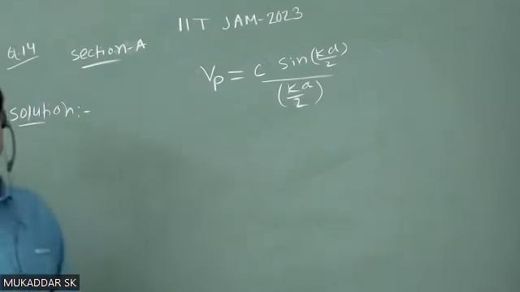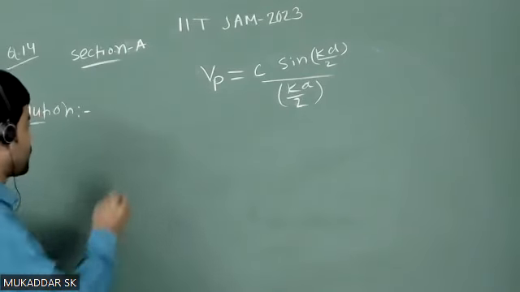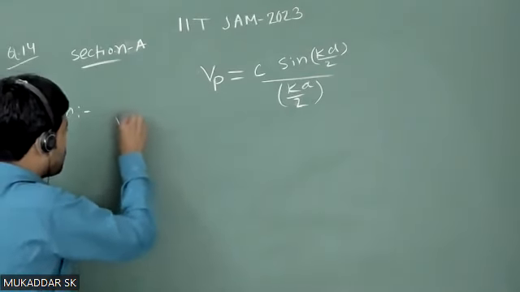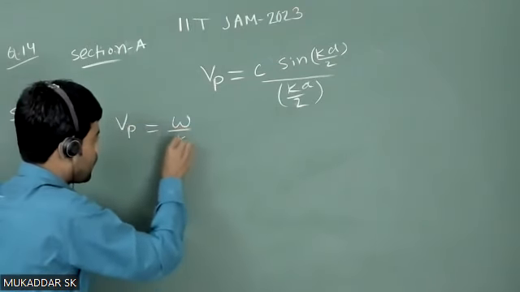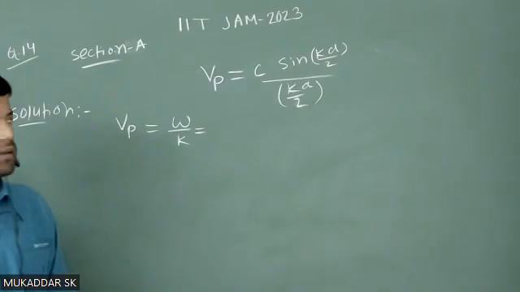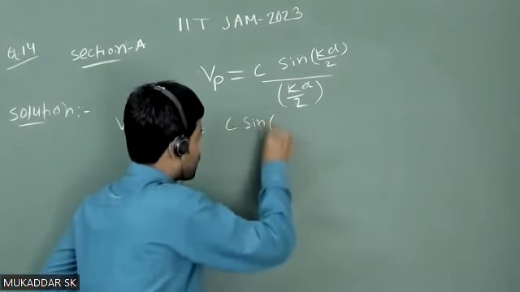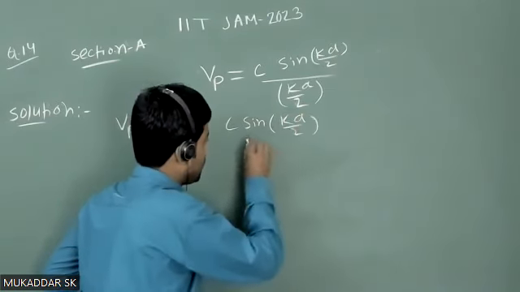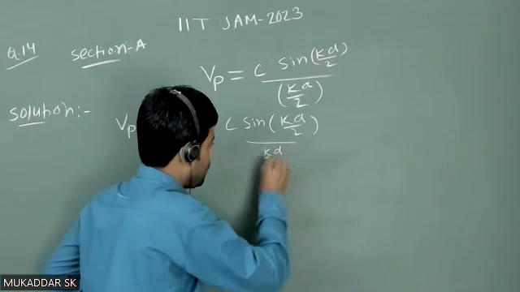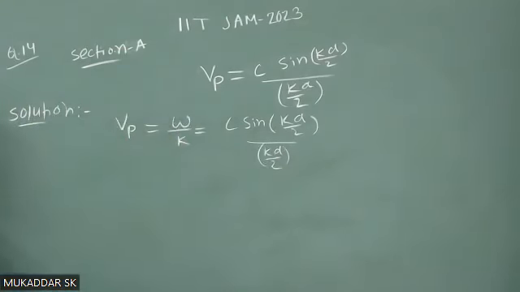As you know, the phase velocity of the transverse wave I can represent as Vp, which is nothing but omega by k, and this value is provided, that is nothing but c times sine of kd by 2 divided by kd by 2, right?